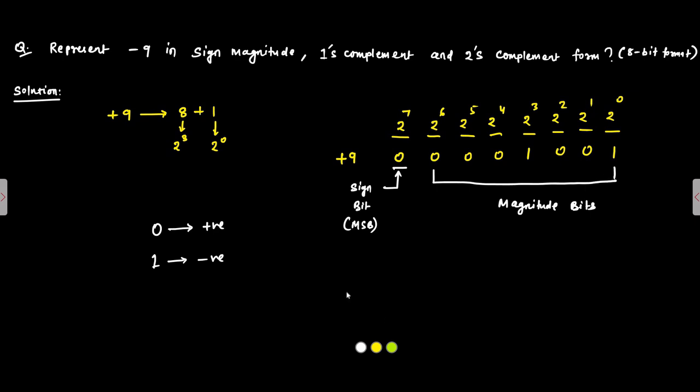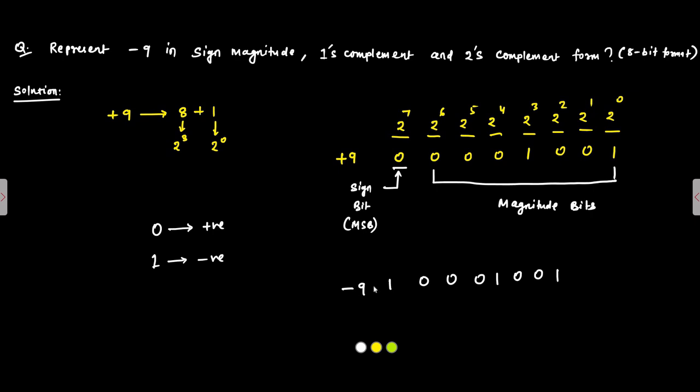So -9 in sign magnitude will have this 0 become 1, and the remaining magnitude bits remain the same as they are. That is 1, 0, 0, 0, 1, 0, 0, 1.